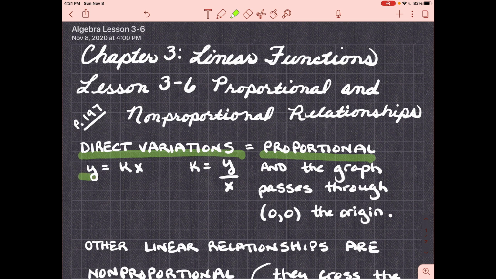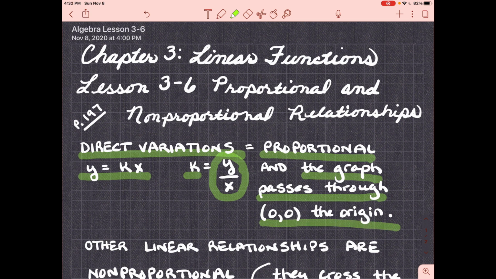When we had y equals kx and we solved for k, we got y over x. That's a proportion or a ratio that's constant. And we didn't have anything like plus 2 on the end of that, or minus 5 or anything like that, because our graph passed through 0 and 0, the origin.